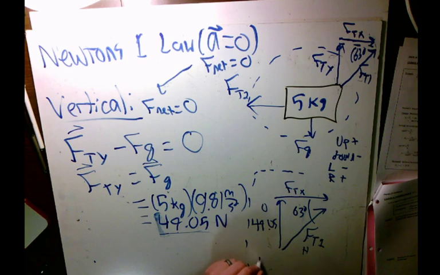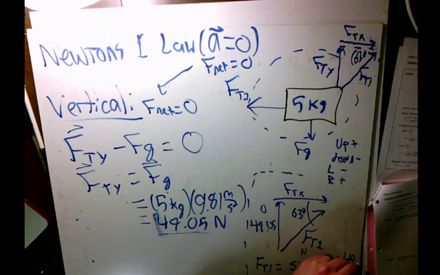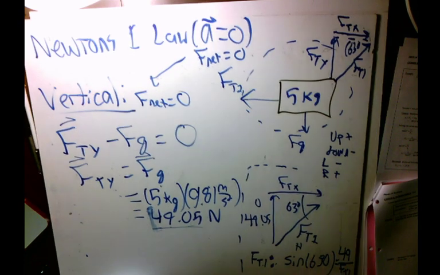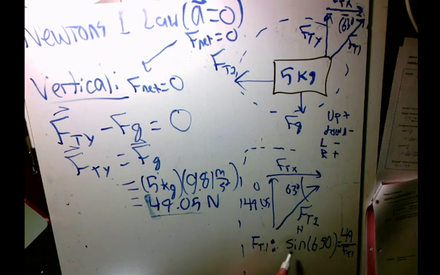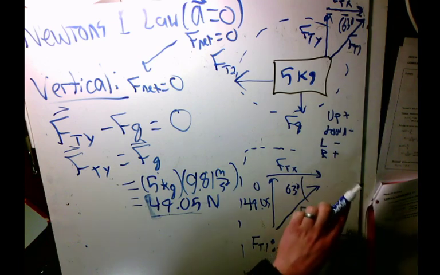So sine of 63 degrees is equal to our opposite, 49.05, over our hypotenuse, F of T. We're solving for the hypotenuse, so then to solve for this force of tension in rope 1, we're going to multiply both sides by FT1, and divide both sides by sine of 63 degrees, not 630.